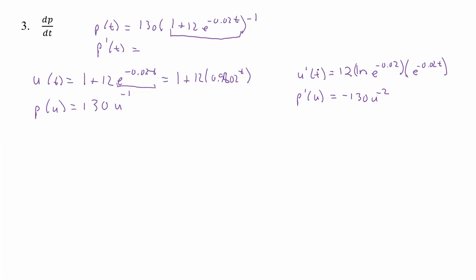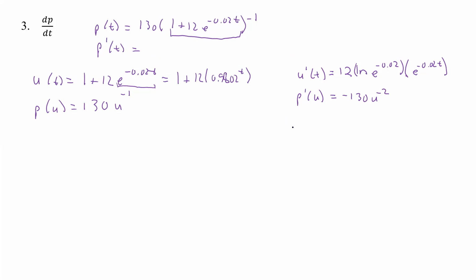Now, what am I going to do now? To get the derivative, I'm going to have to go through and do all the pieces here. So I'm going to take the u prime of t times the p prime of u to get the p prime of t.